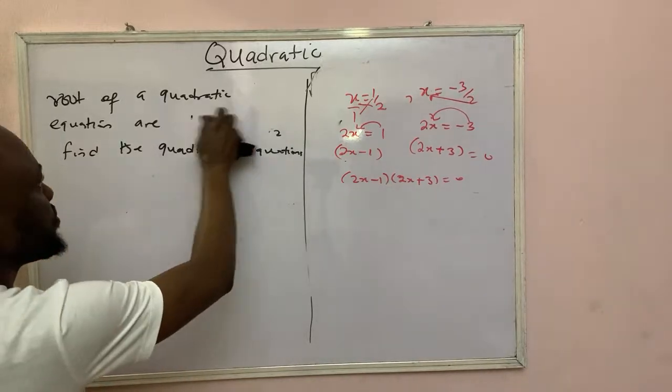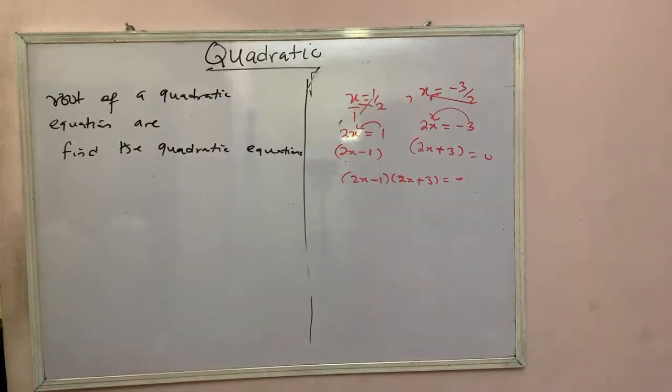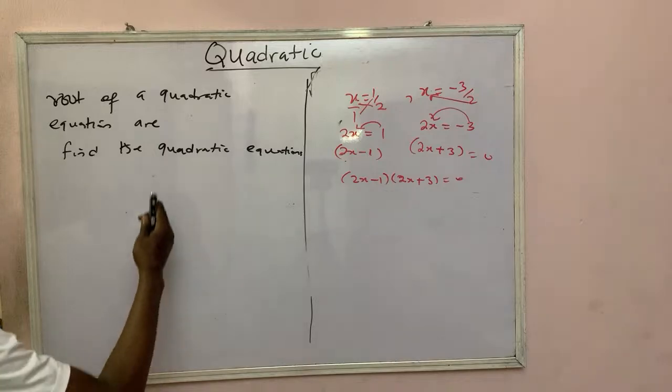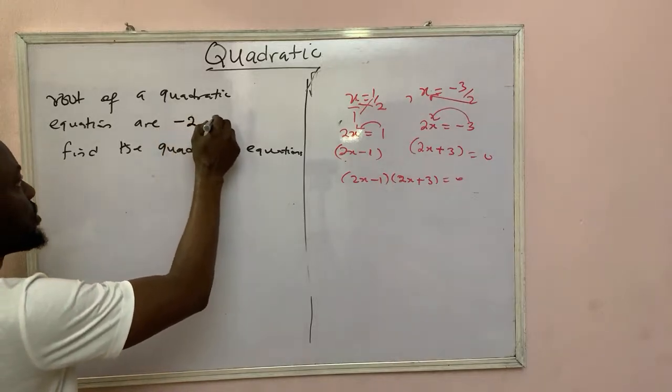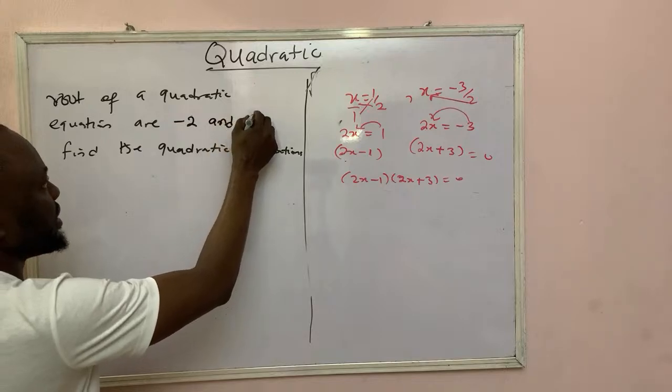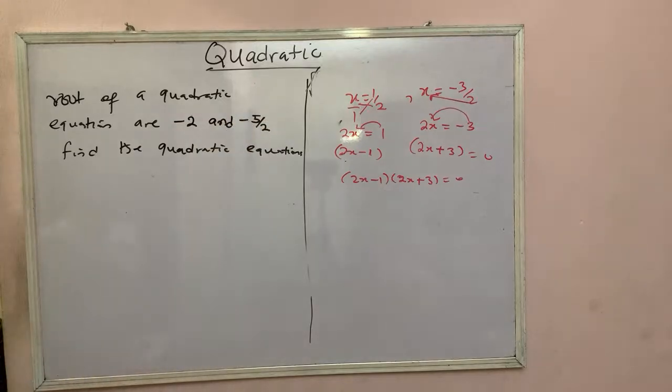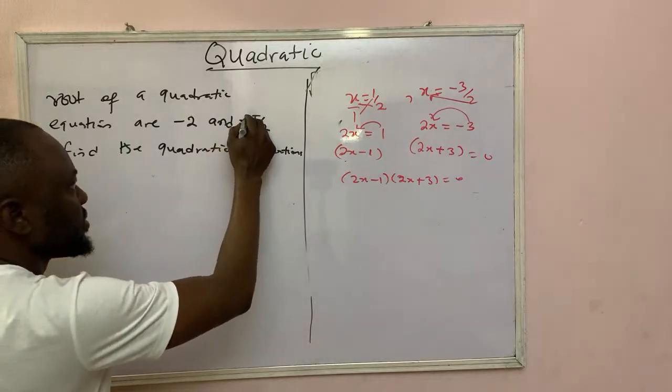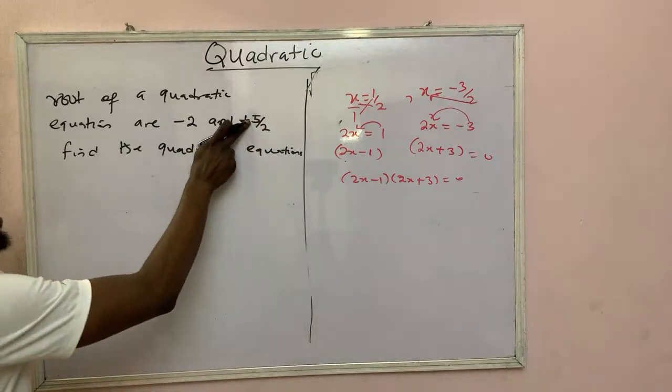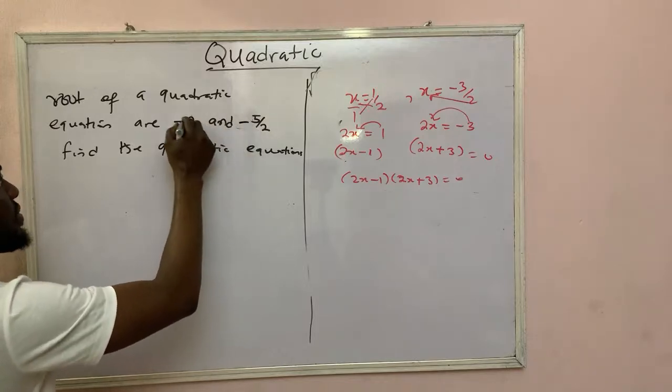Let's presume we have minus 2 and minus 5 half. Or let's say plus 5 half. I can say minus 5 half, plus 2.